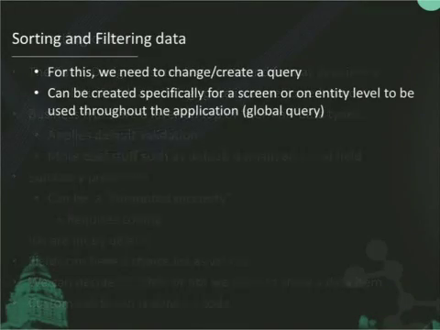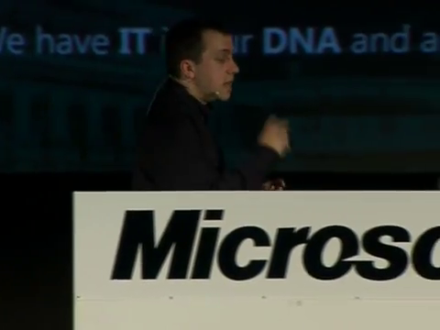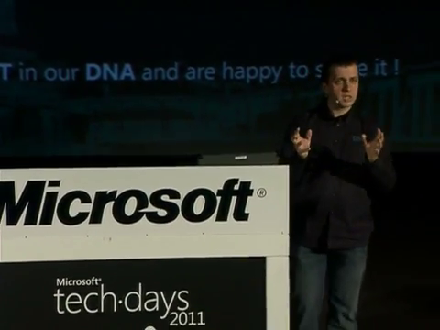Now, if I want to change how the screen displays the data, for example, I want to sort my data or filter my data, I have to use a query for that. There's in fact two ways of changing that. As I mentioned in the beginning, when we looked at the basics, a screen and data are linked using a query.